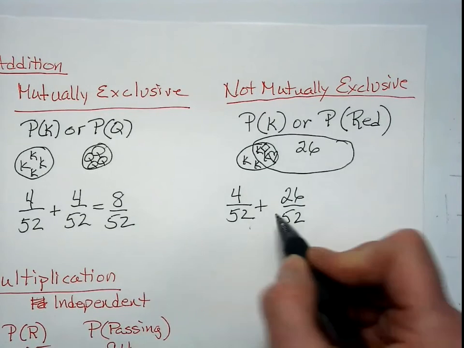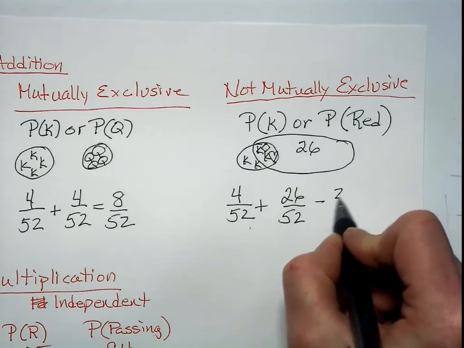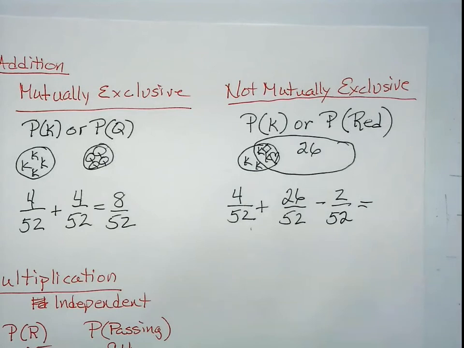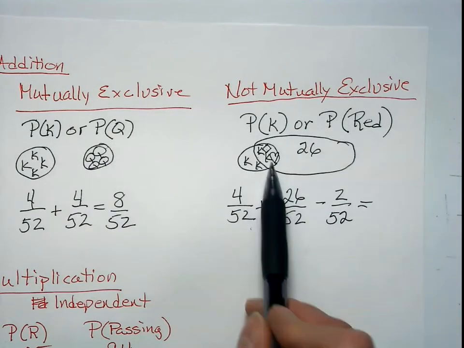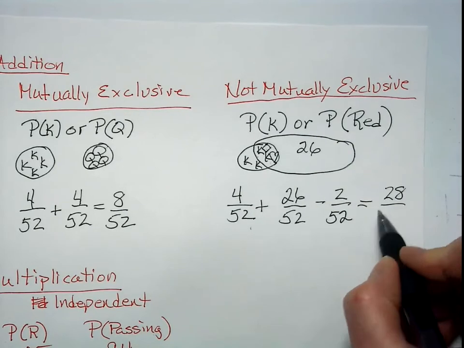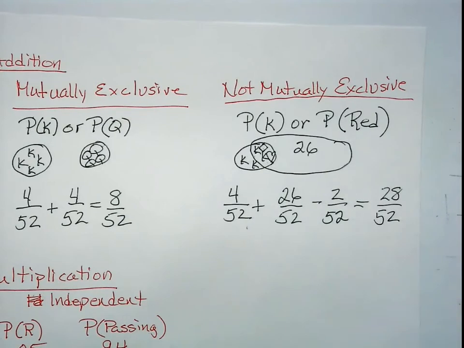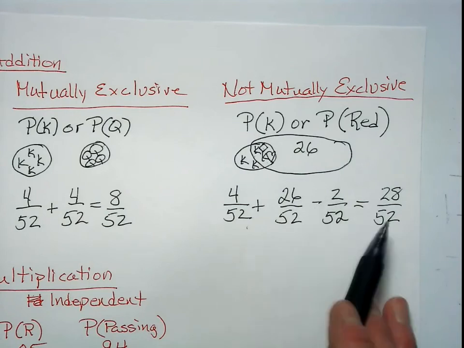So therefore, since we included it 2 times, we have to subtract out, because we can only include 1 king of diamonds and 1 king of hearts. So therefore, the probability is 28/52. 4 plus 26 minus 2 is 28.